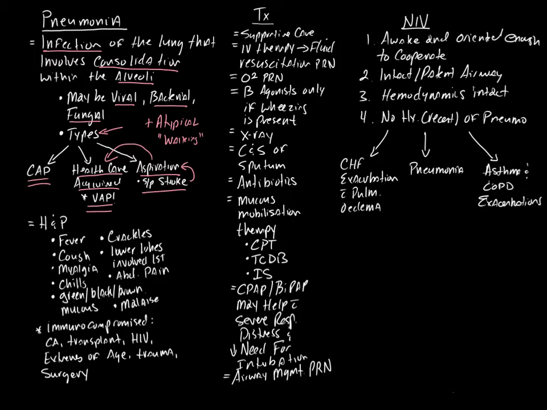Okay, but in our history and physical exam, fever is a big one, right? Whenever we're trying to differentiate an infection from a non-infection, a fever is always a good thing to look at. However, some patients may not respond with a febrile response, particularly people who are immunocompromised, like elderly patients.